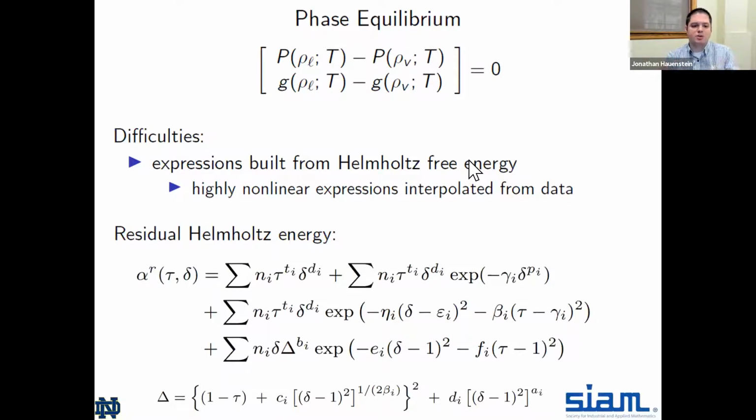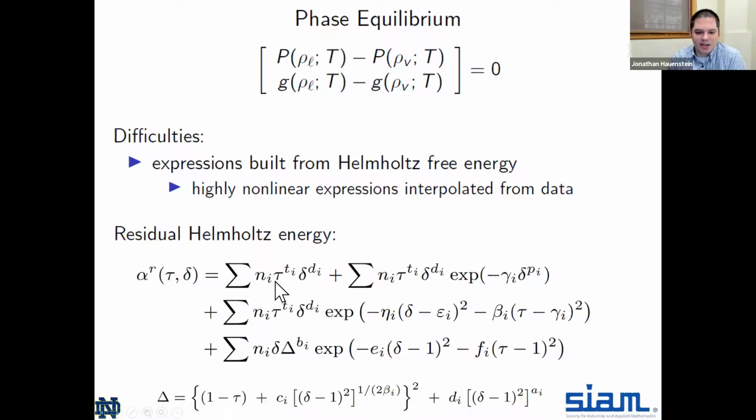This residual energy compensates for the failure of the ideal gas law. Everything that has an i here is some parameter that comes from data. If you pick, say, carbon dioxide, it has a system of parameters that you plug in. If you pick another substance such as propane, then you get a different set of parameters.